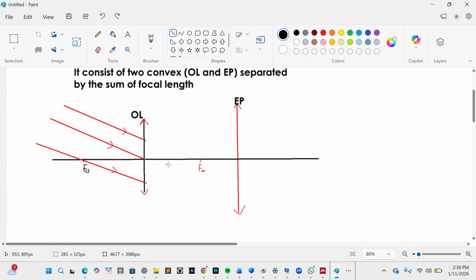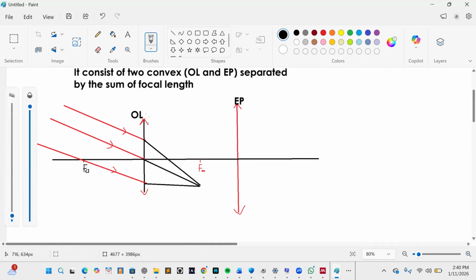The one that passes through the center of the lens will go through the vertex, so it's always good to draw that one first. Then you can converge these other ones to it. Because it's a convex lens, they're going to converge at FO, because it's the point of convergence. So the FO is like the F2 for the convex lens. The image is going to be here.